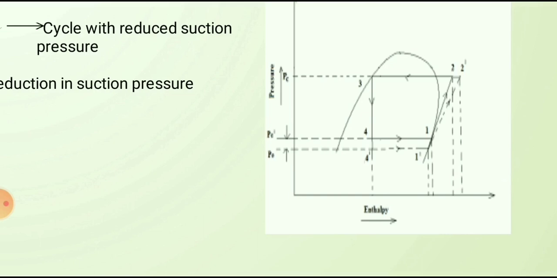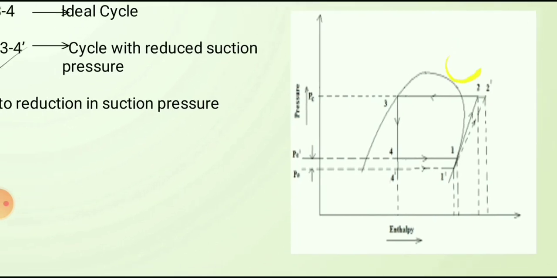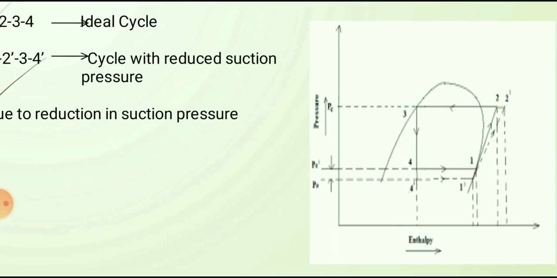Next, the heat rejection also increases from H2 minus H3 to H2 dash minus H3. That is the amount of heat rejection, which increases.